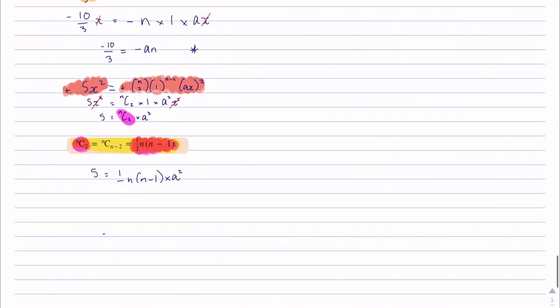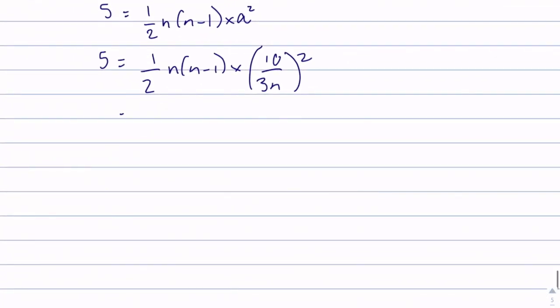What about if instead I rearrange this equation to be, well, we've got 10/3 divided by negative n equals a, which means a equals positive 10/(3n). Negative divided by negative is positive. Okay, so I'm going to now chuck this in for a. So I've got 5 equals a half n(n - 1) times (10/(3n))².